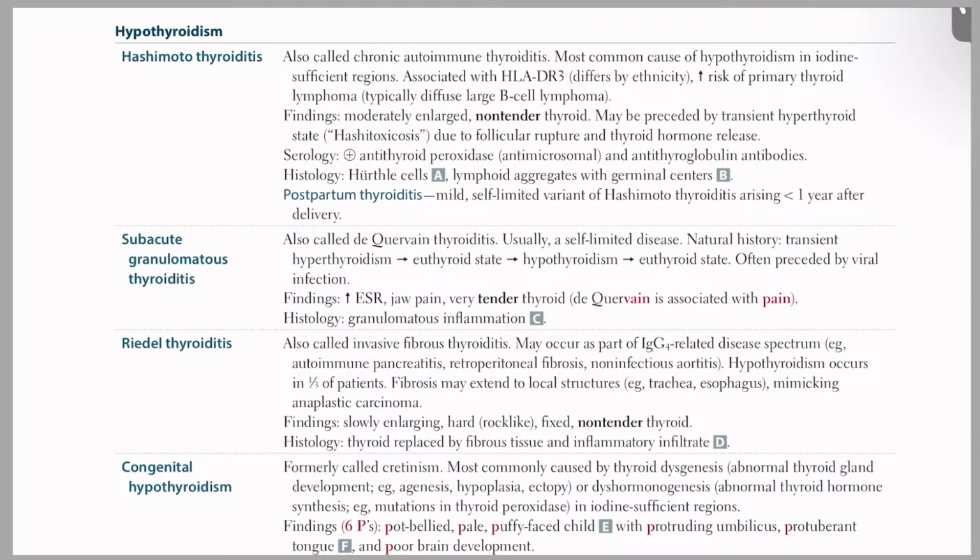Serology positive for antithyroid peroxidase, antimicrosomal, and antithyroglobulin antibodies. Okay. Histology: Hurthle cells.